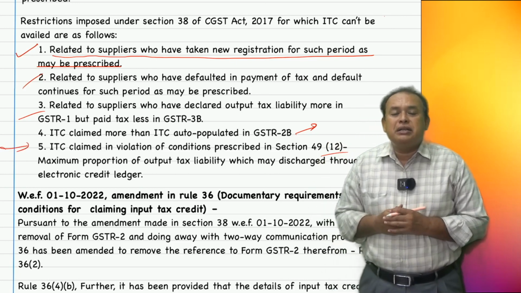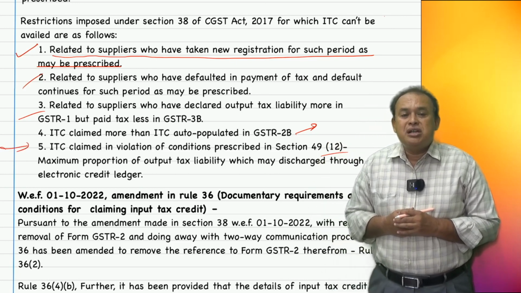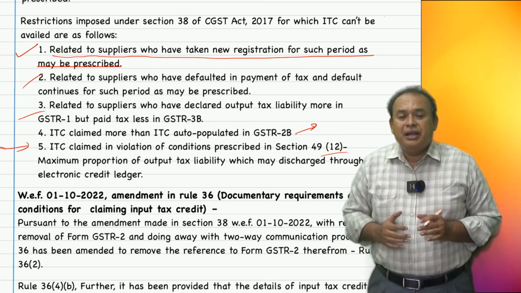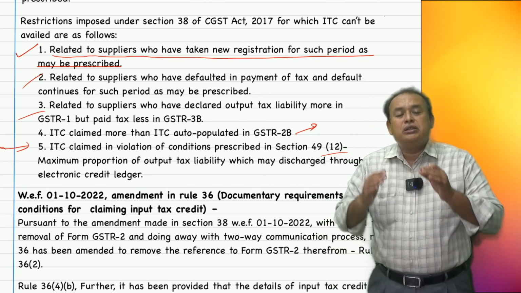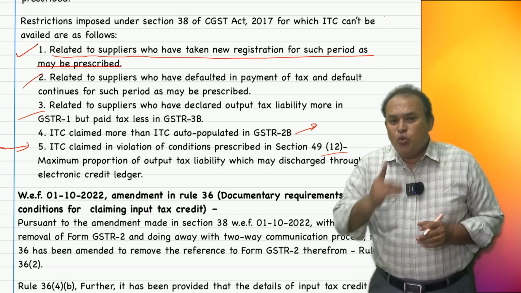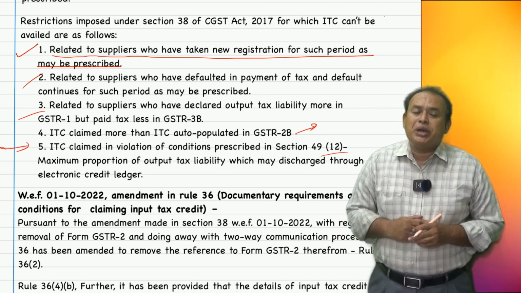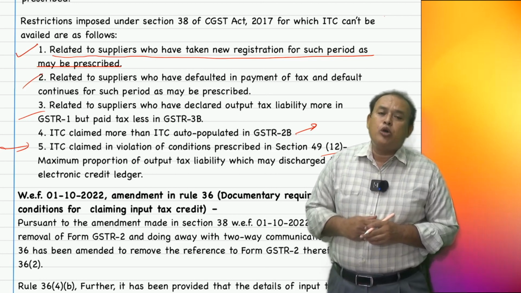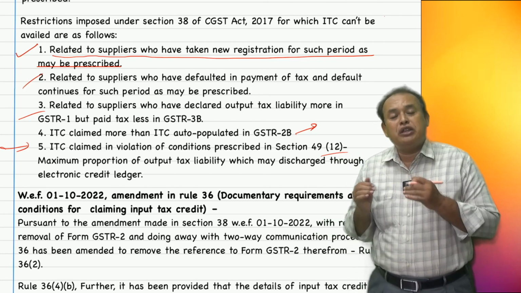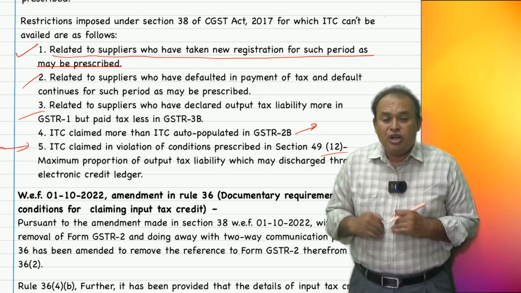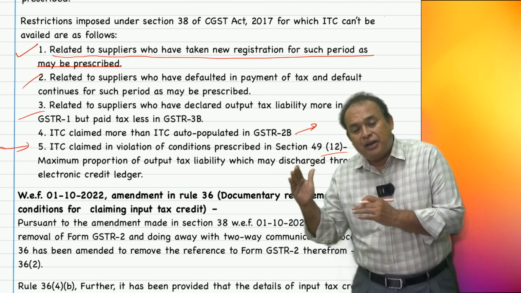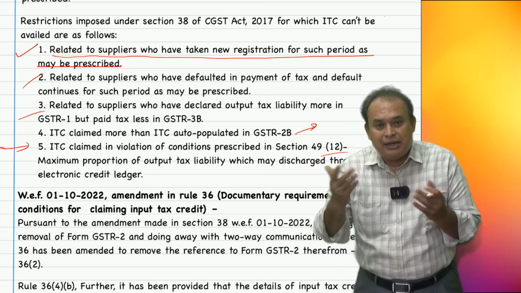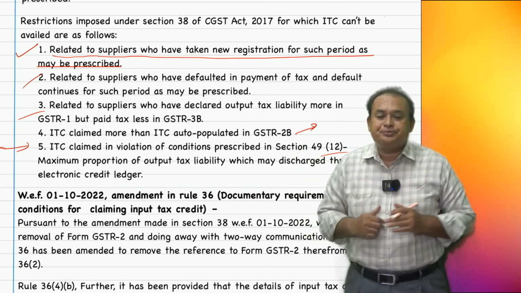This point brings us to pay at least 1% through the electronic cash ledger of my output tax liability, even though I have in my books more credit than that of the GST liability. Understandably, not understood, sir.